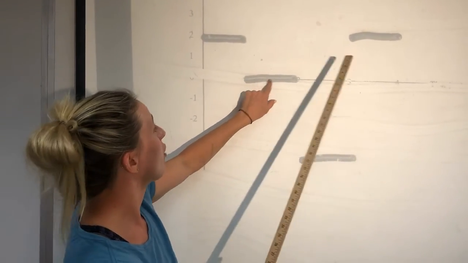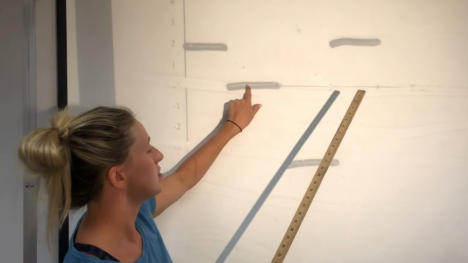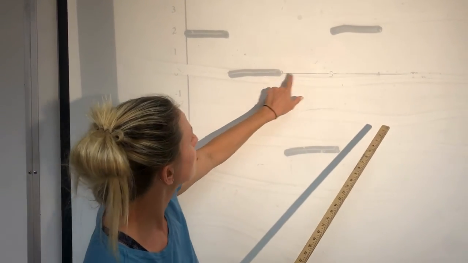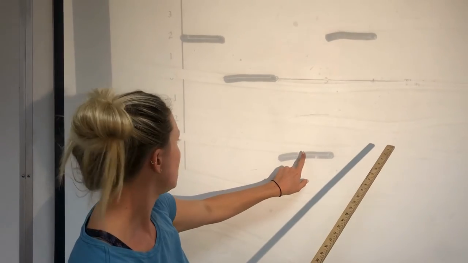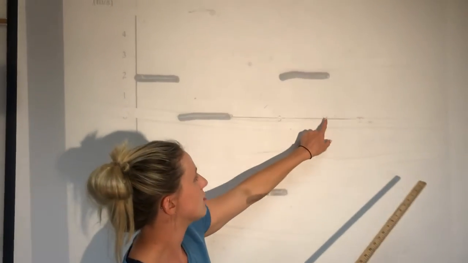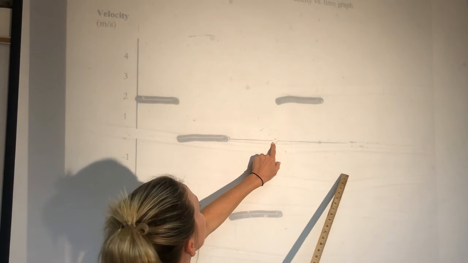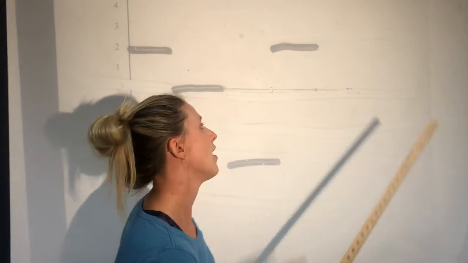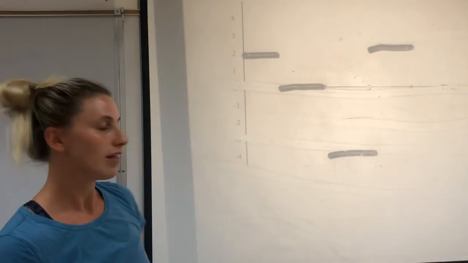We have our velocity was 0, so we put our velocity a straight constant line at 0. And then from 2 to 3 seconds, we said our velocity was -4, a constant -4. From 3 seconds to 4 seconds, we said we had a constant 2 meters per second for our velocity. This is what it should look like. That is your answer.